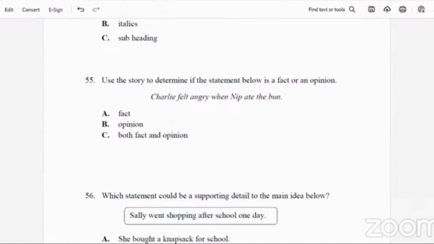It didn't even tell us that Charlie said, I felt angry, right? It was just somebody's opinion, thinking that because the dog ate the bun, you must have felt angry, especially since the brother was laughing. But that was not a fact, okay? That's just somebody's opinion, and it wasn't stated in the story either.